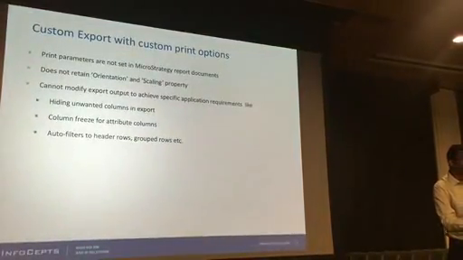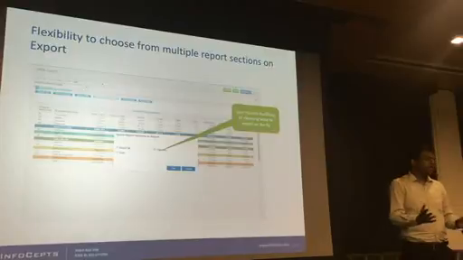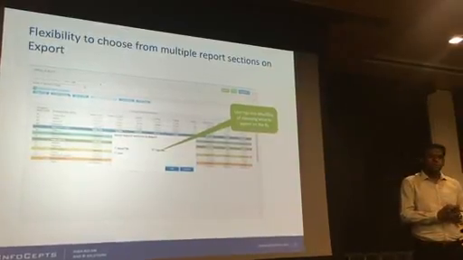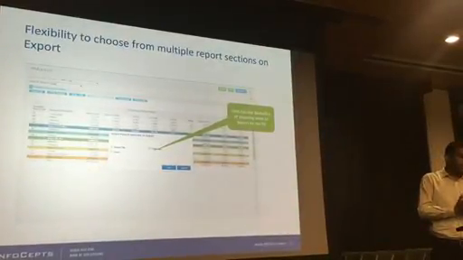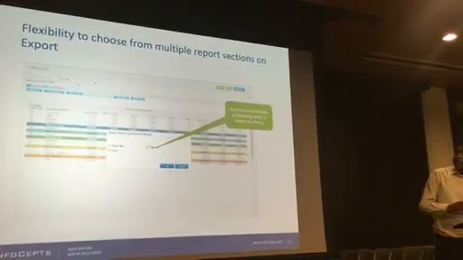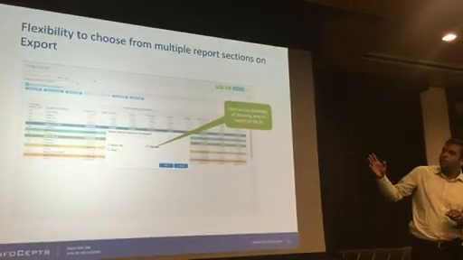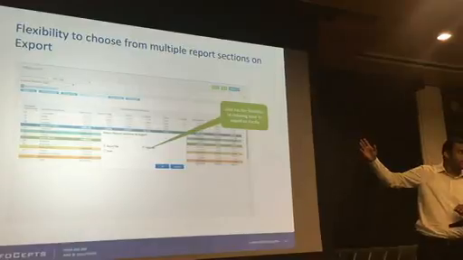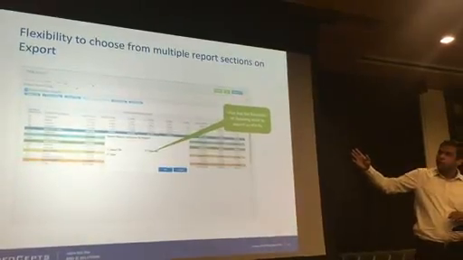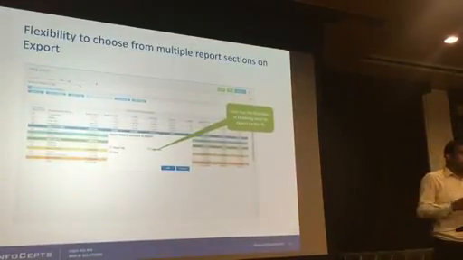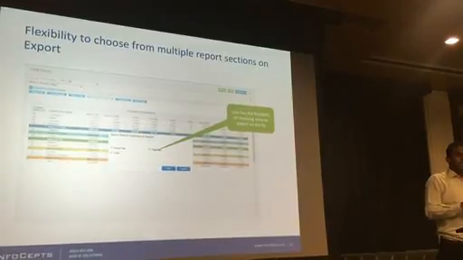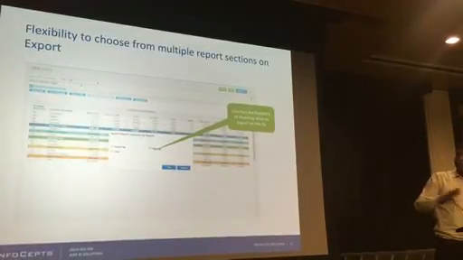Then the custom export option. As I told previously, MicroStrategy does a decent job with PDF exports, but not with Excel. This is again the export from a completely customized document that we have seen in the initial use cases. When you do a MicroStrategy export, you can select what section needs to be exported.